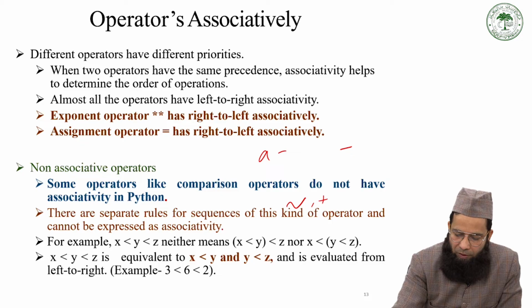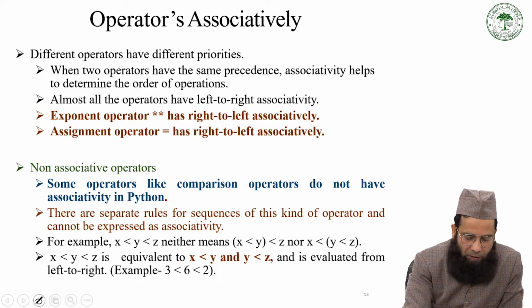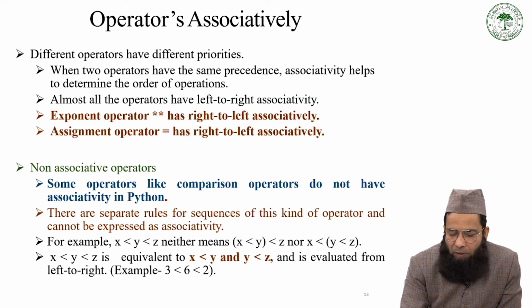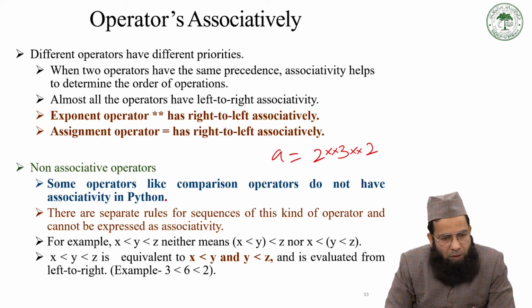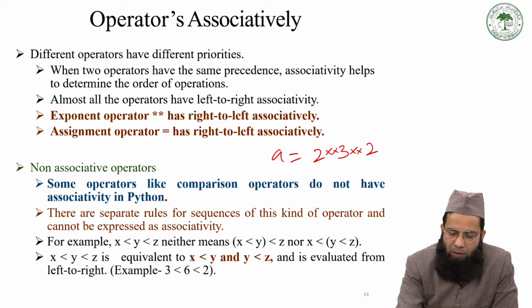So I am erasing all these, and suppose you have a value A is equal to 2, then 3, exponent operator, then 2. Which should be executed first? It is right to left, right? Right to left.